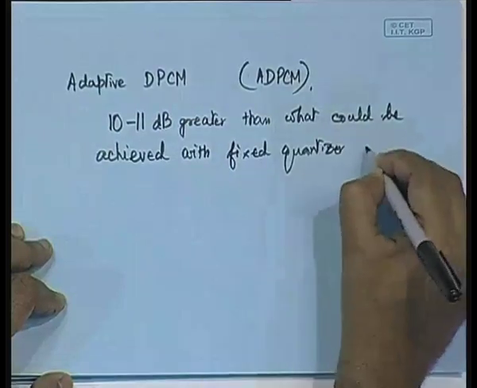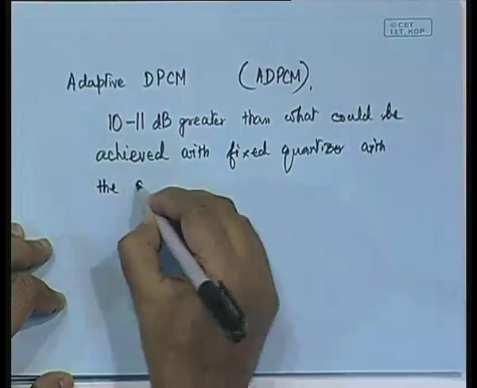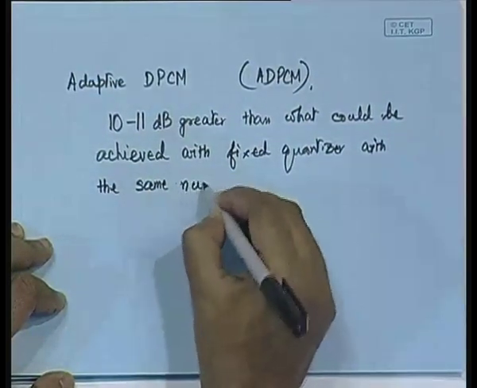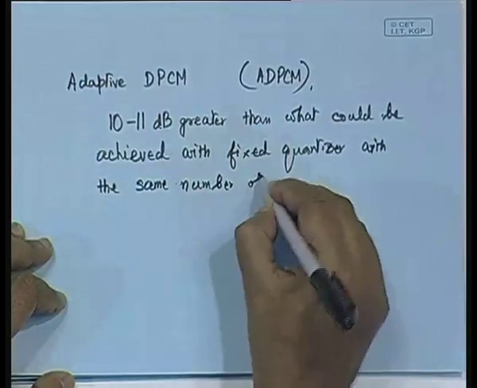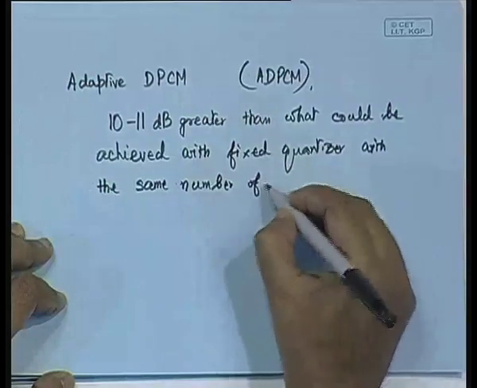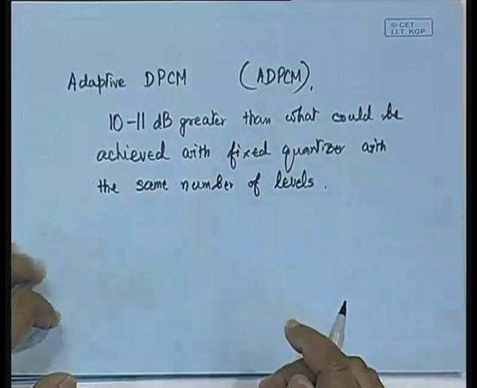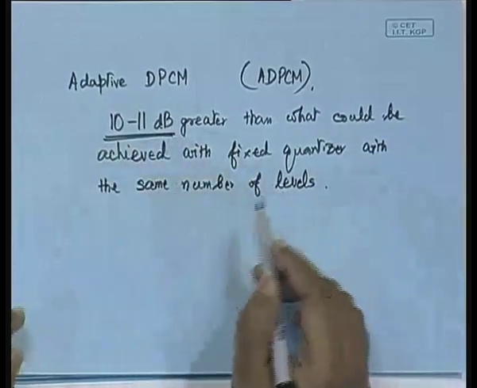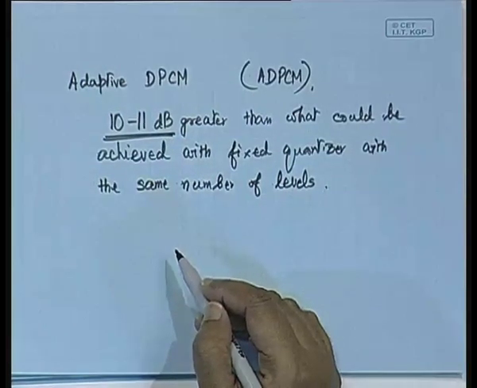Fixed quantizer with the same number of levels. Right. So, 10 to 11 dB is the performance improvement between adaptive DPCM and DPCM.